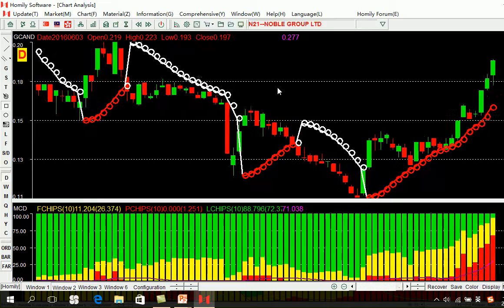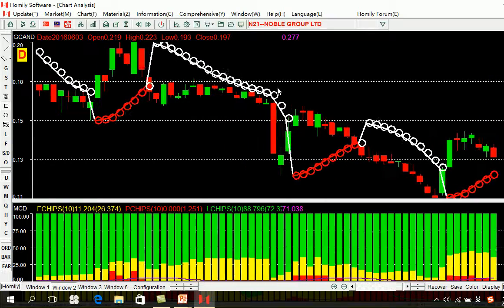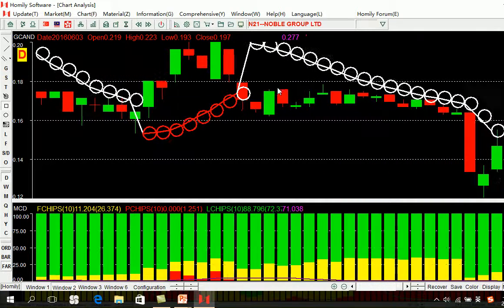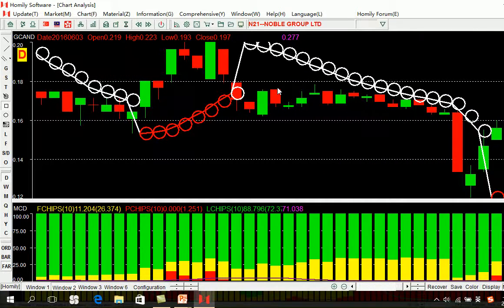So let's see normal. You should judge when you can buy and when you cannot buy, okay? So we see here the white circle turn to the first red circle. Can we buy here or not? And we can see the red column appears. So here, can we buy or not?